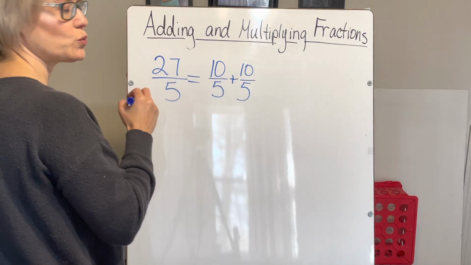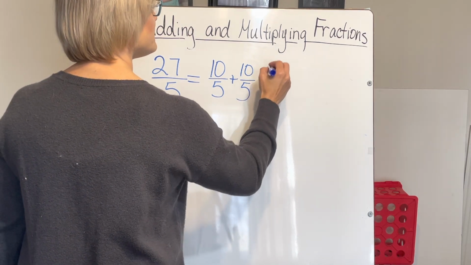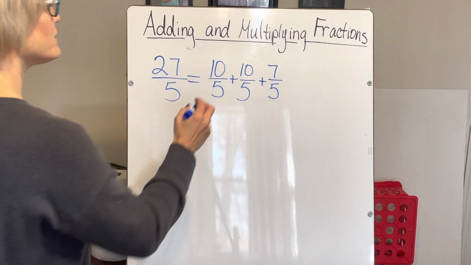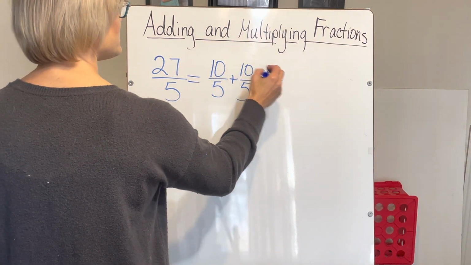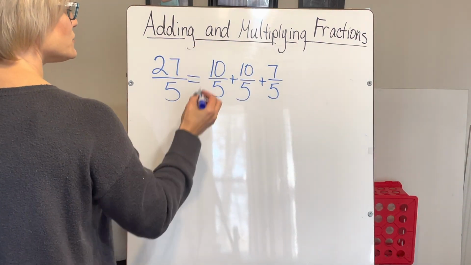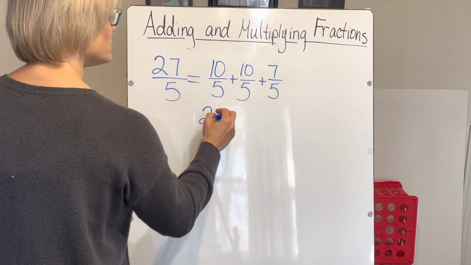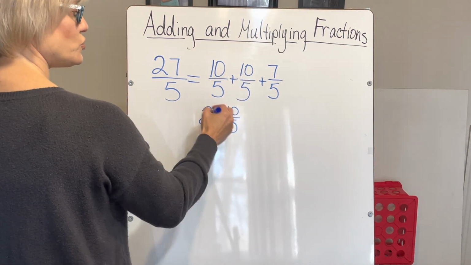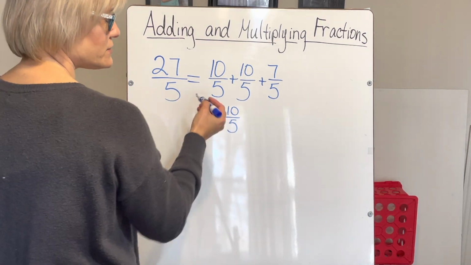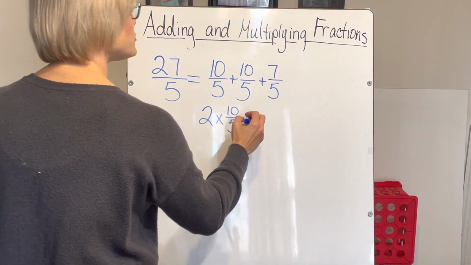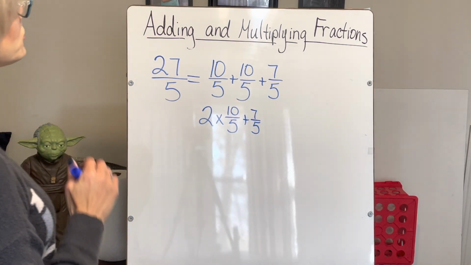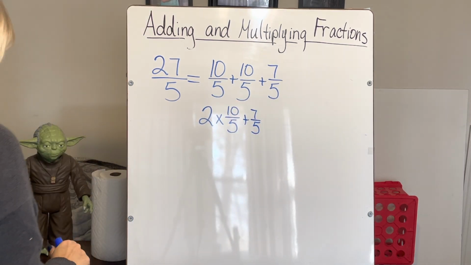That gives me 20 fifths, and then I have 7 fifths left over. So that gives me 10 plus 10 plus 7 is 27. So I can do 2 times 10 fifths, because I'm showing 2 of them. That's repeated addition, which is the multiplication, and then add the 7 fifths. And that would be showing this as a multiplication problem.